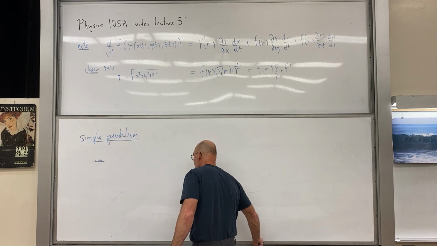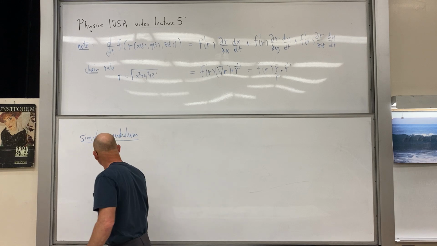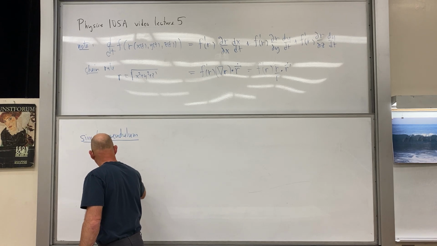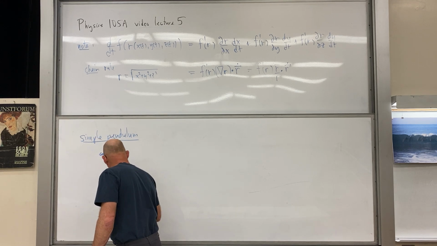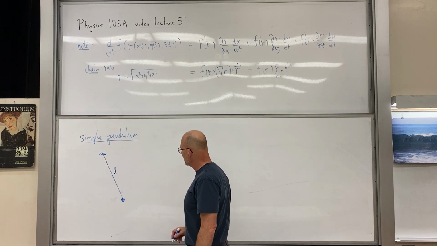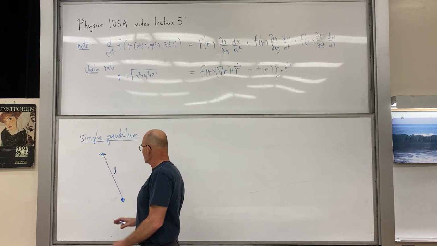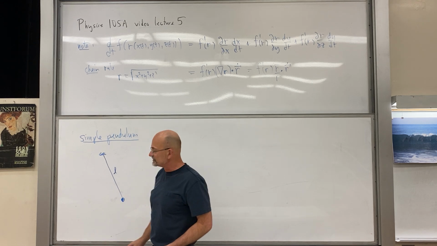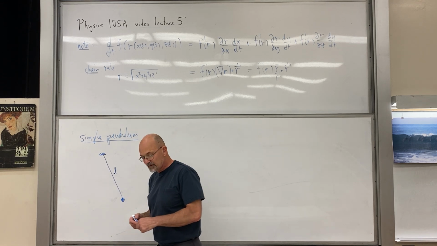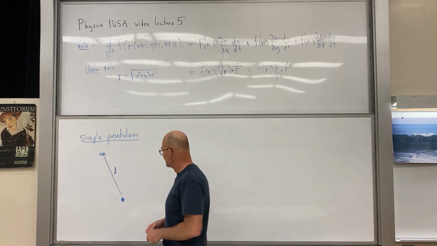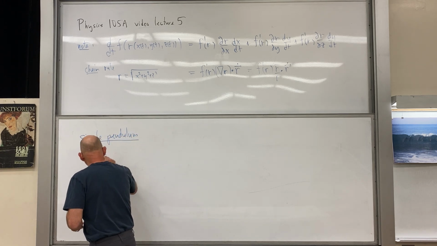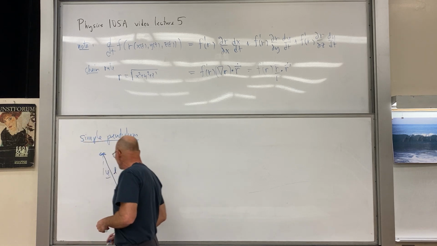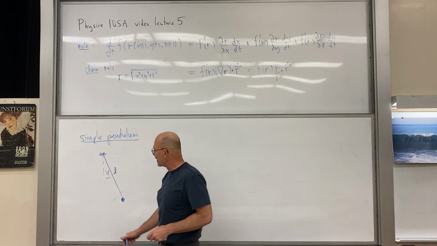Let's make a nice big picture here. We've got a pendulum of length L. It's got some little bob of mass M on the end, and it's going to move in a plane. It's going to swing back and forth. I should say we've got an angle phi here, so phi equals 0 is straight down.